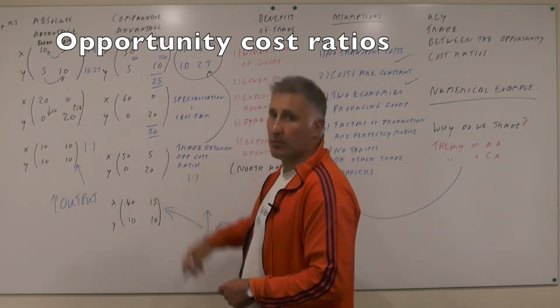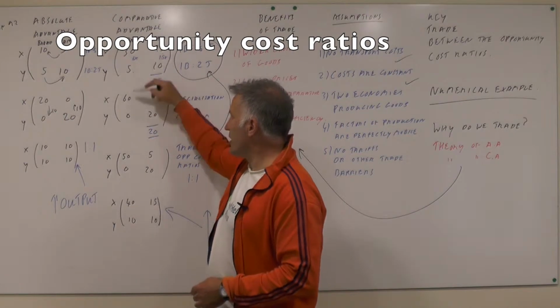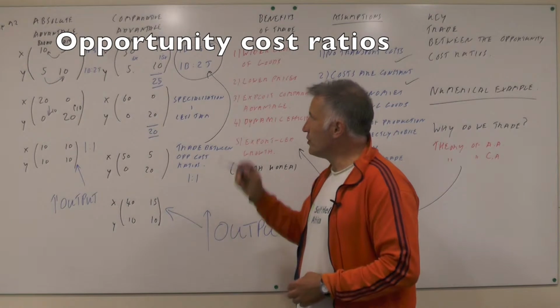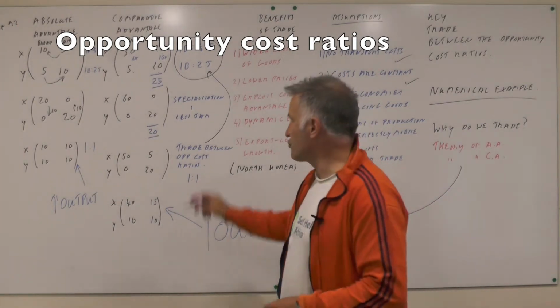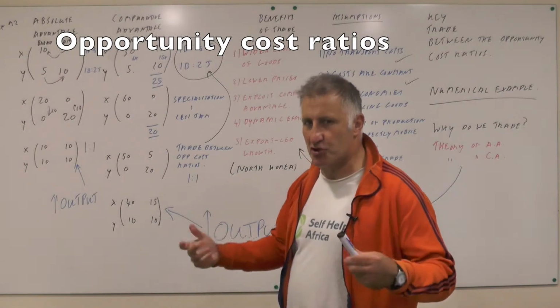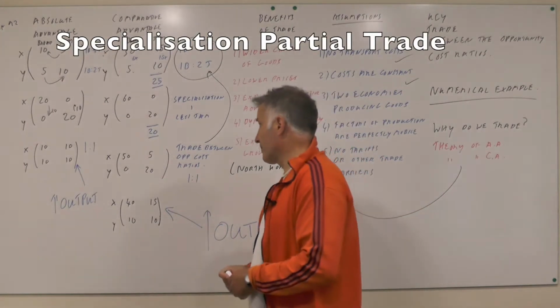Then we specialise completely. So here this goes to 30, that goes to 60, 0, 0, 20. The problem here is that we don't have quite enough jam to go around. So we did have 25 units of jam, and now we have 20 units of jam.